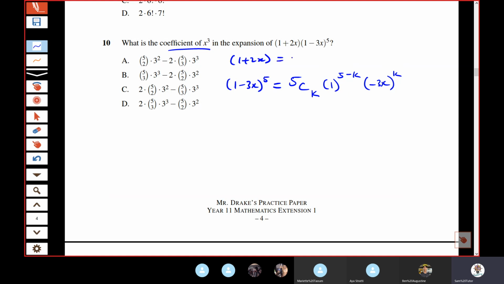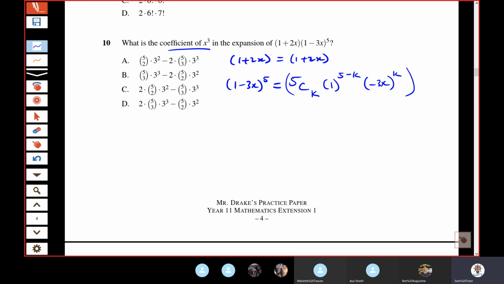And then this one would be 1. I mean, it's not complicated. This is just 1 plus 2x, right? It's power of 1. I'm not going to complicate it. That's just this. Leave it as it is. Don't overkill it. Now you guys have got to think about, how do you get x cubed from this multiplied by this?